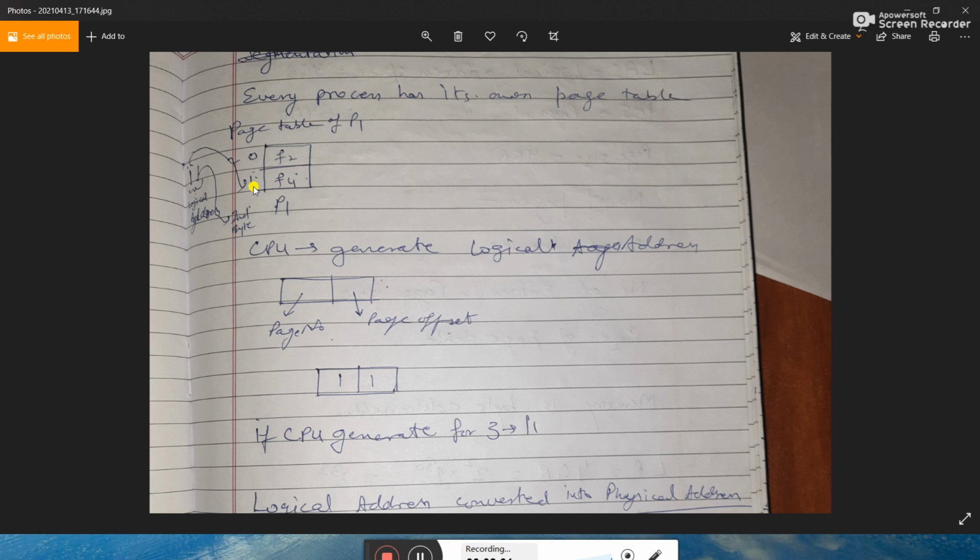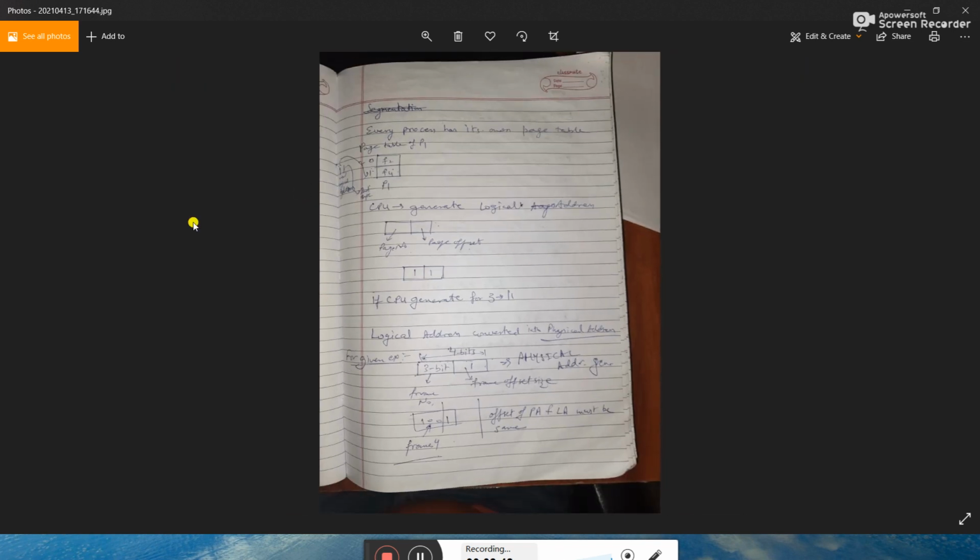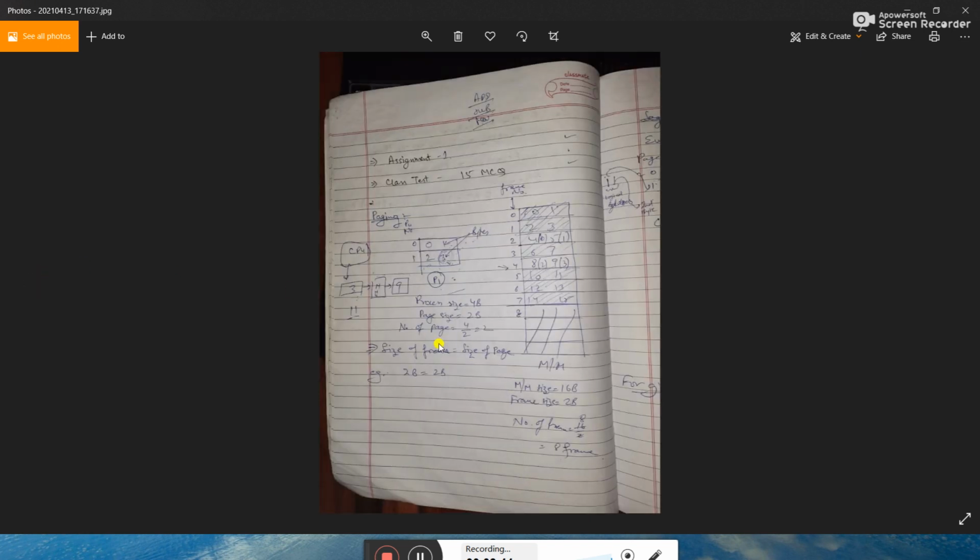So the page number is 0 1, and it contains F4. If it contains F4, it means frame number 4 will be targeted. So it will go to that frame number, and then to bit number 1. So bit number 1 is 3, and this data will be accessed by the CPU.